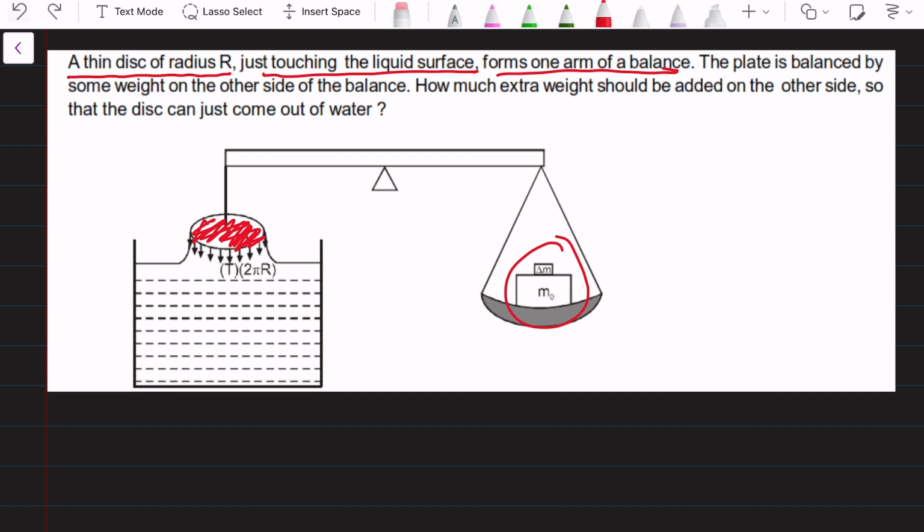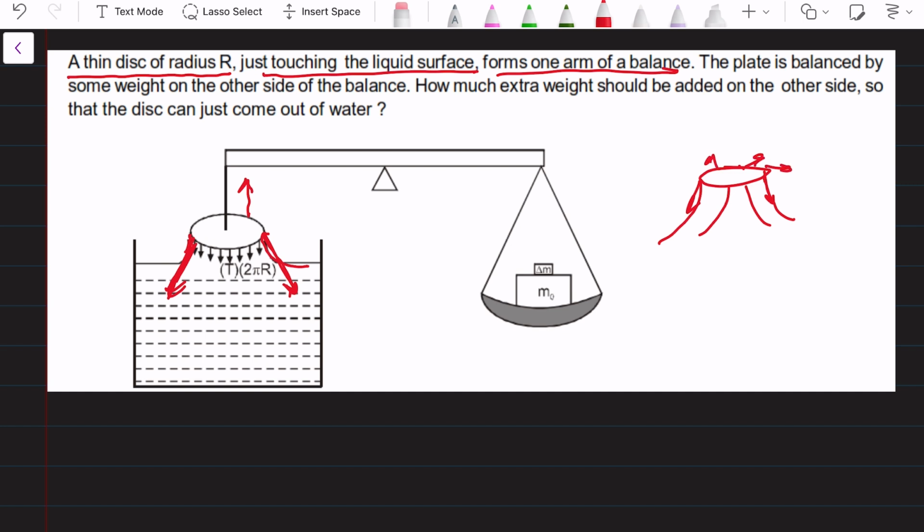Now what happens? Try to understand it. Now it is just balancing. As we try to pull it, this liquid will try to pull it back because the surface tension force will start acting in this way, S dl throughout, tangential to this liquid surface.